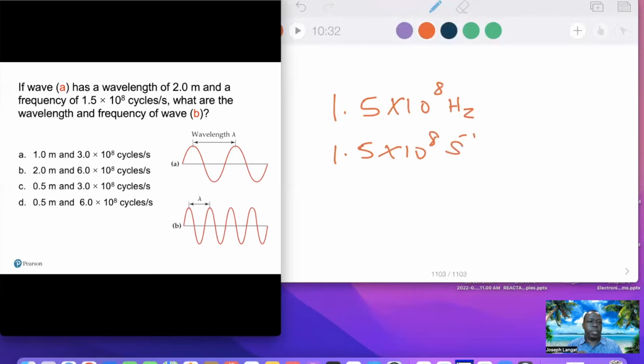It's the same thing, cycle per second. What are the wavelength and frequency of B?